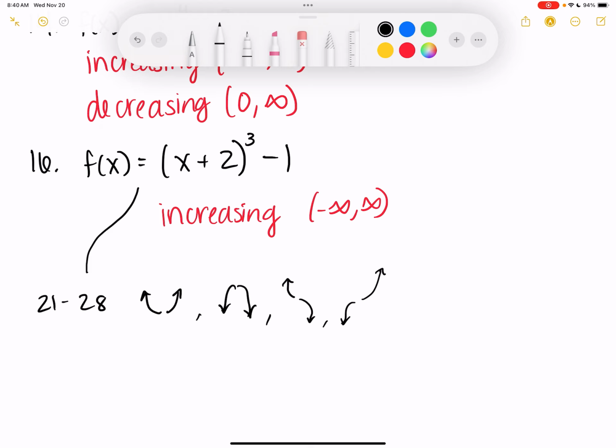Whereas odd, if I plug in a positive value, it's going positive, but if it's a negative value, the answer is going to be negative. So that's why they're going opposite. Okay, so 22, I've got f of x equals negative x cubed minus 4x squared plus 2x minus 1.